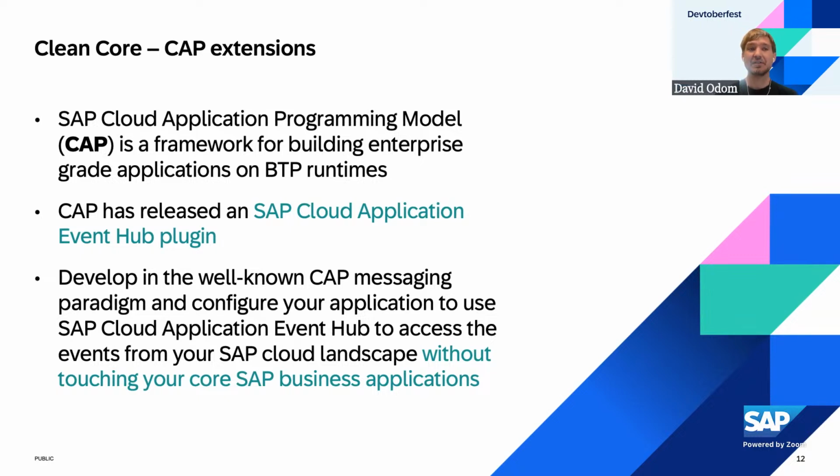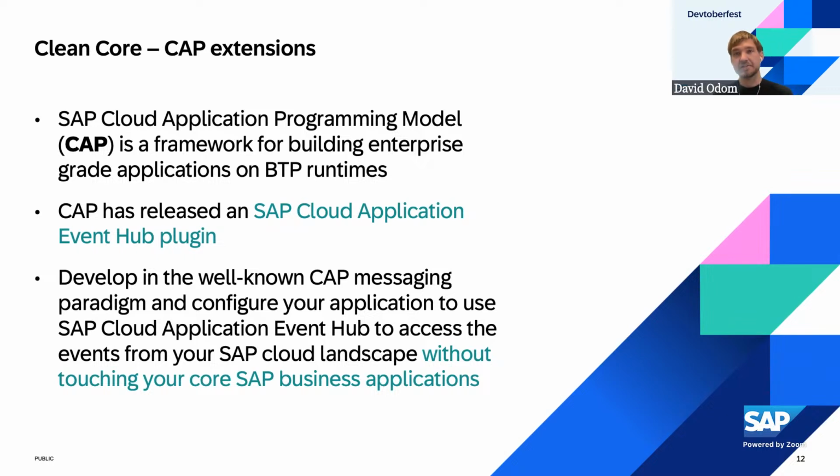So this is letting you develop in, as we say here, the well-known CAP messaging paradigms. And then through configuration, you say, use the SAP Cloud Application Event Hub as the source of my SAP business events, which are then triggering responses in my extension application. Again, without having to touch the core business applications, apart from that kind of opt-in, turn-on step I mentioned earlier.